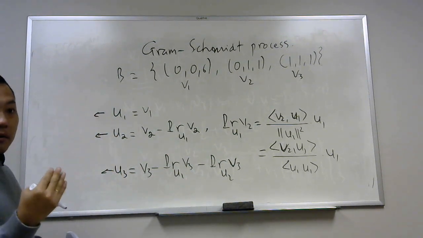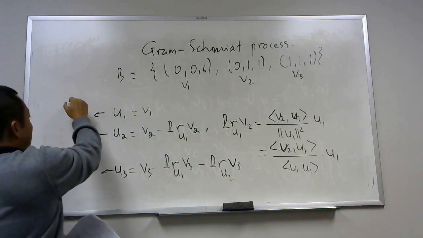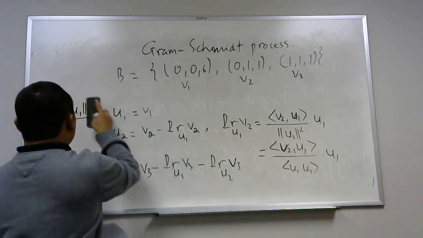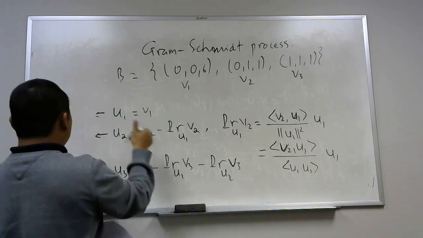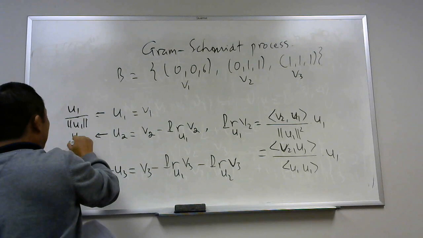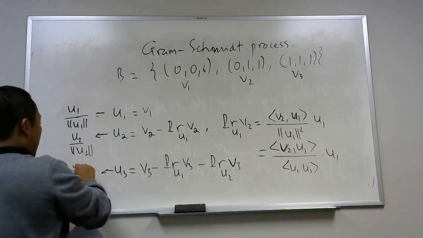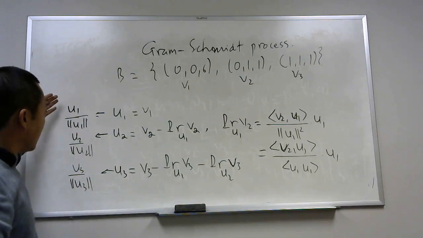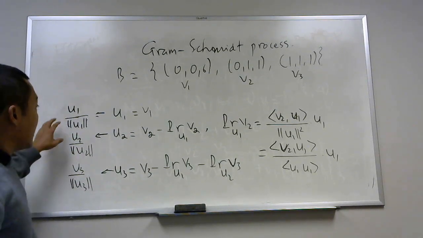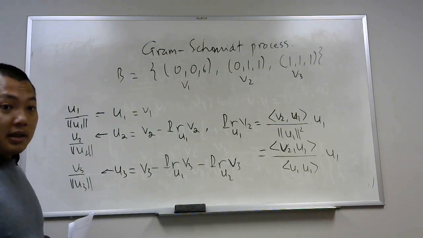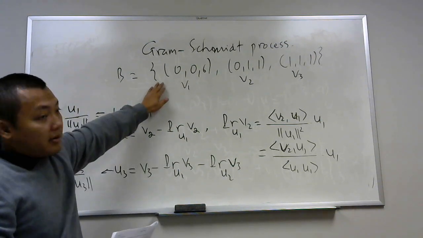You have to make unit vectors: u1 divided by the norm of u1, u2 divided by the norm of u2, and u3 divided by the norm of u3. All these three vectors are orthogonal unit vectors, so they form an orthonormal basis.